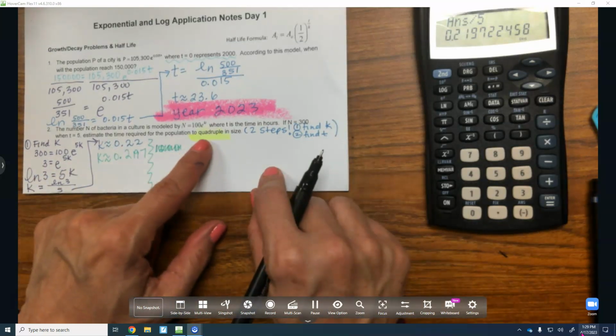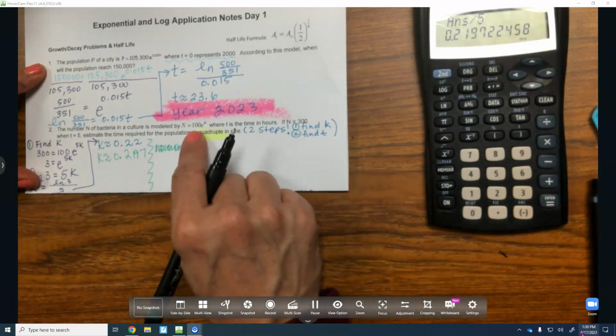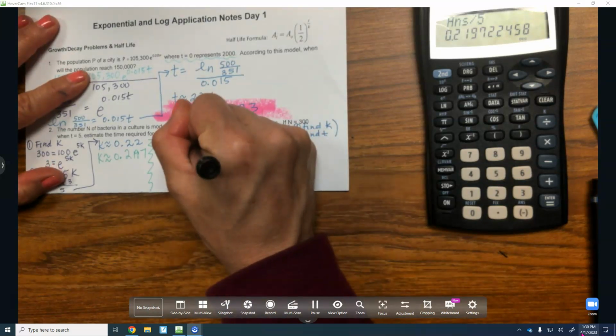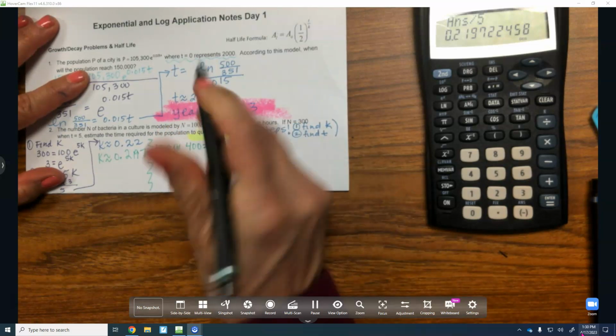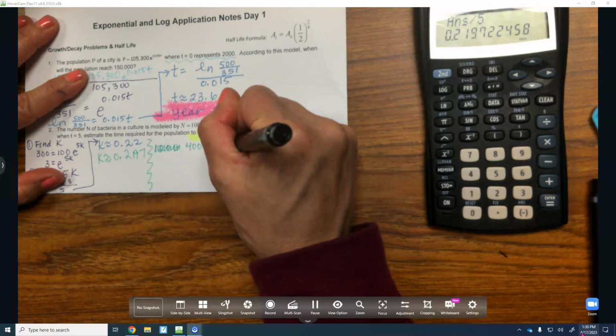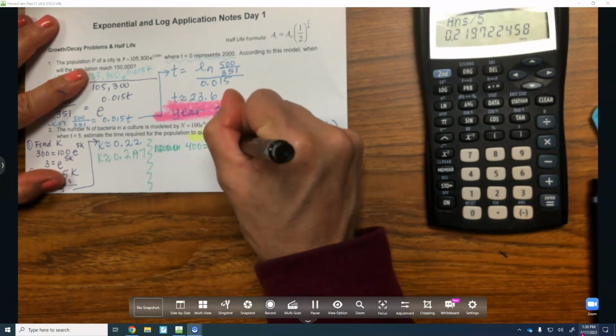Estimate the time required for the population to quadruple in size. Okay, so the initial population is 100. So if we want it to quadruple in size, our n value is now 400. So I am replacing the n with the quadrupled size of 400.